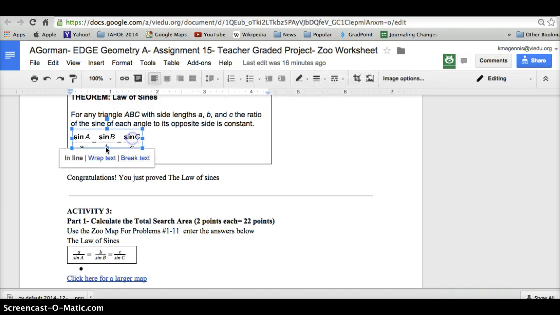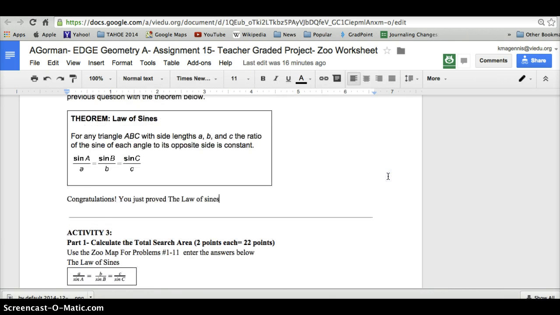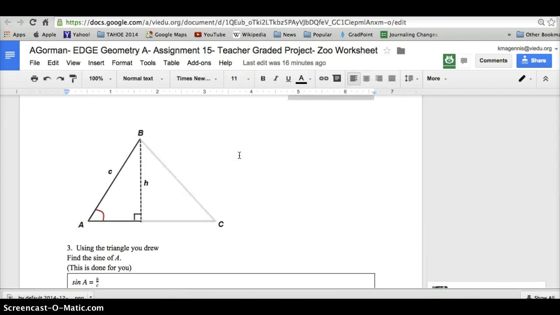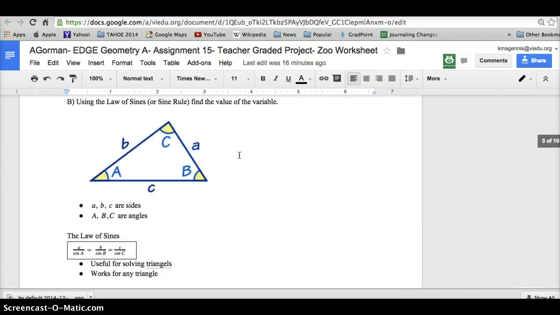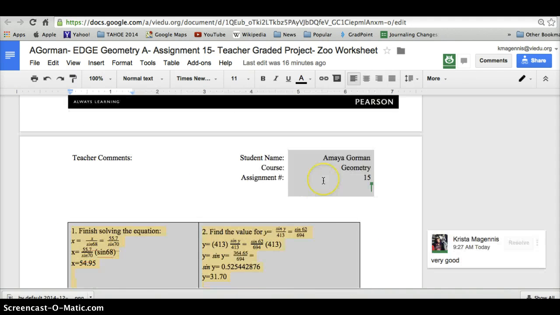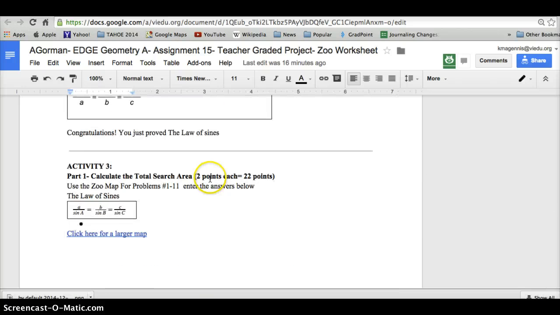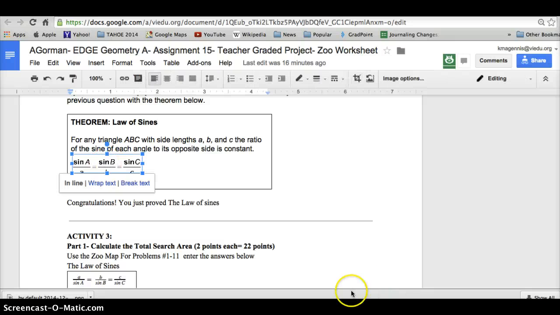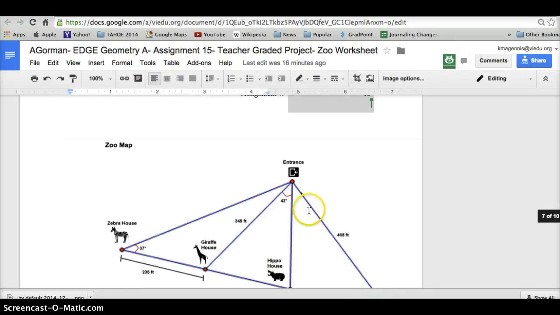And basically that is the law of sines there, and above here. Somewhere up here. Oh, here you go. So it can be written either way. It can be written this way, or it can be written this way. Doesn't matter.